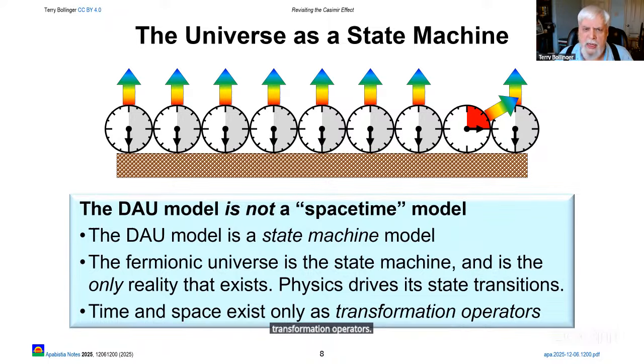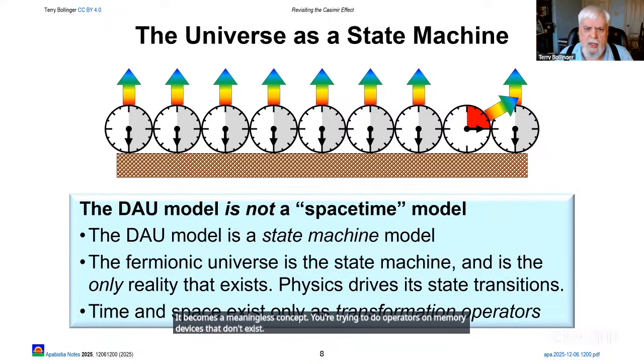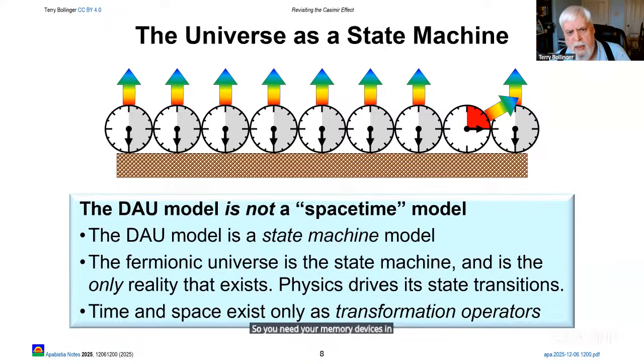You have a certain set of matter, you have a certain set of options for how you can define space and time, and that's it. If you try to talk about space going beyond that, it becomes a meaningless concept. You're trying to do operators on memory devices that don't exist. So you need your memory devices in order to get this concept of transformation operators.